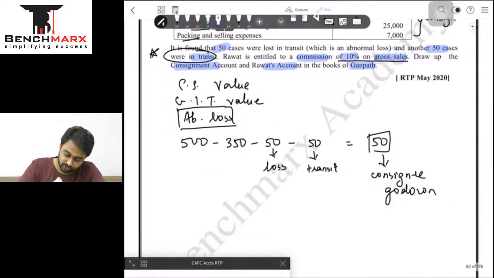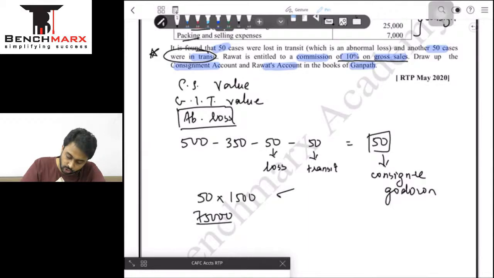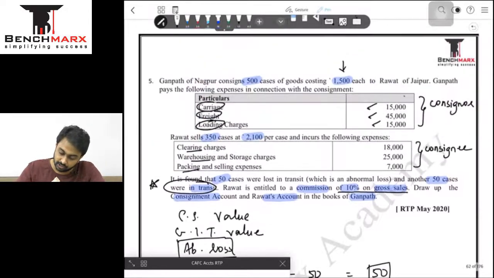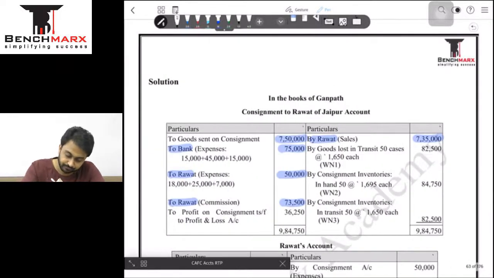So it is 50 into 1,500, and 75,000 was the amount spent on all 500. Out of that, 50 is left, how much comes for it? 1,500 into 50 plus 75,000 divided by 500 into 50 comes to 82,500, which should be the value of abnormal loss.